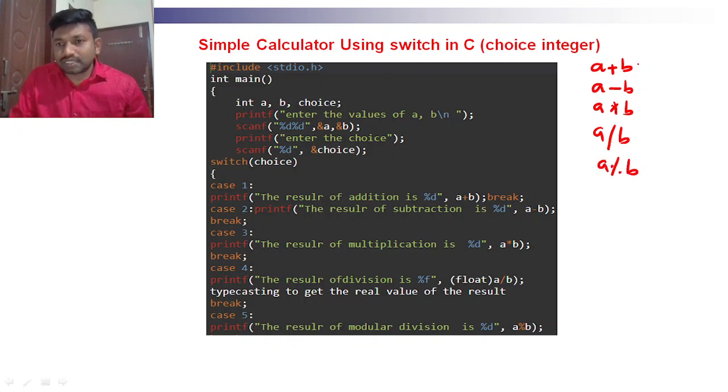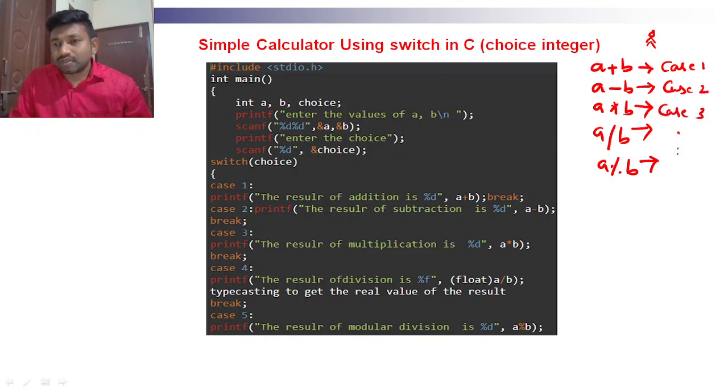So I want to execute these operations, but as a user, when the program asks me the choice, I will supply the choice. Either addition has to be performed, or subtraction, multiplication, division or modular division has to happen. So I can develop cases for each operation. It could be case 1, case 2, case 3, and so on.